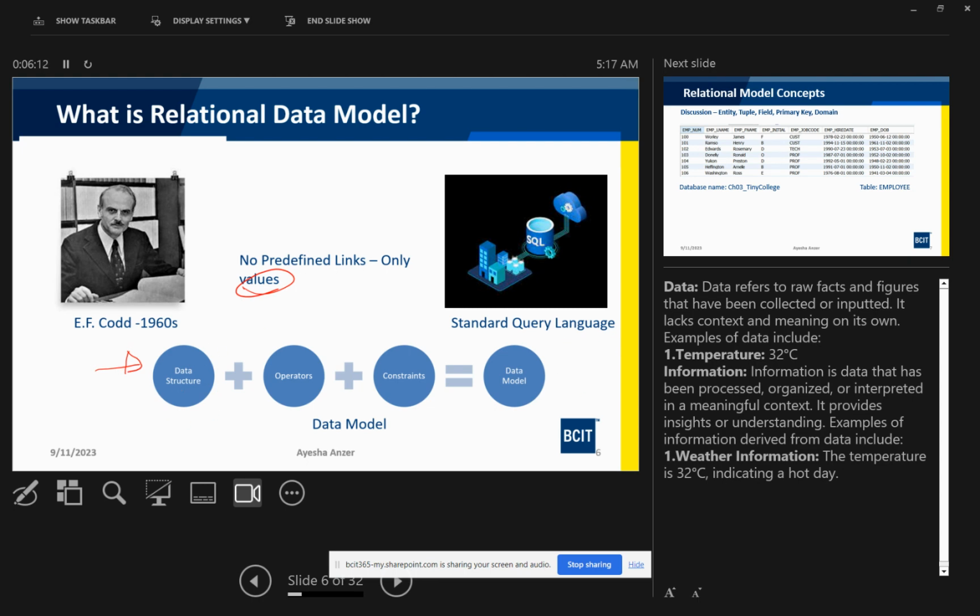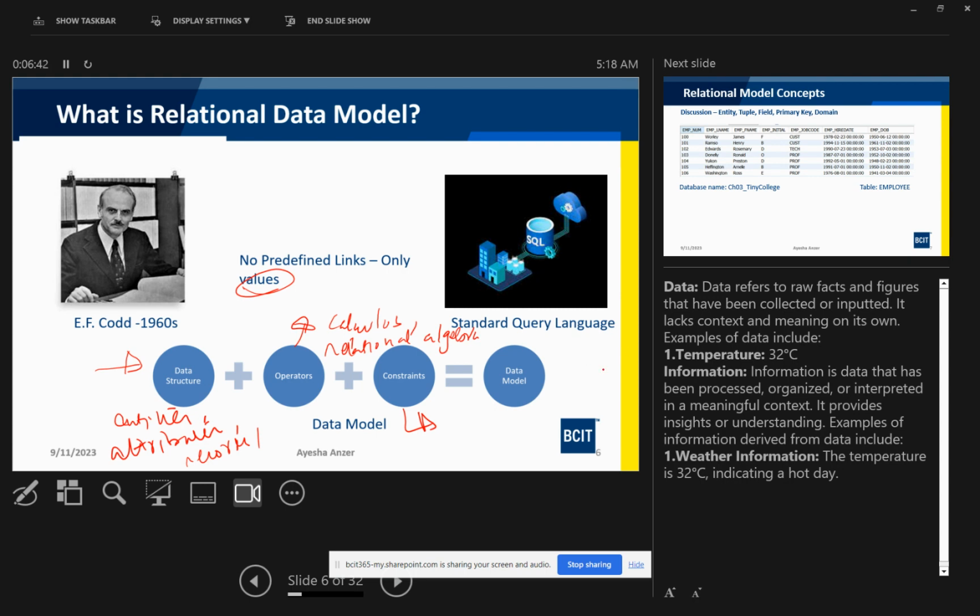The data model is made up of three components: data structure, which includes entities, attributes, and records, and so on. Operators, which means computation, so we have calculus and relational algebra, which we will focus on in this specific course.